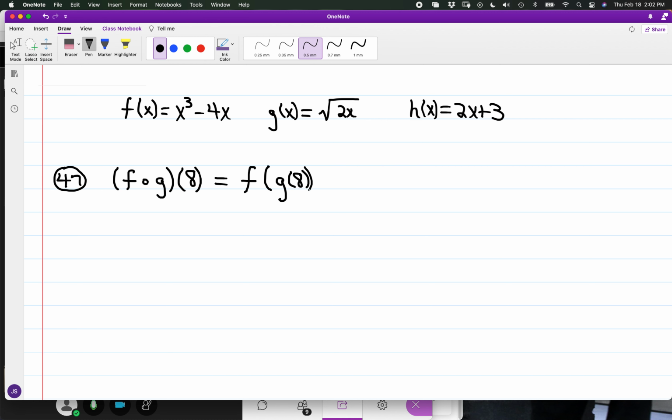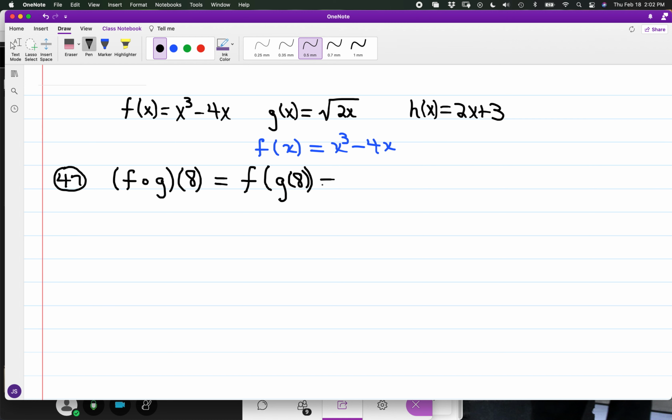Now the output function is f. Operating in accordance with f, f of the input is equal to the cube of the input minus 4 times the input. The input right now is g of 8.